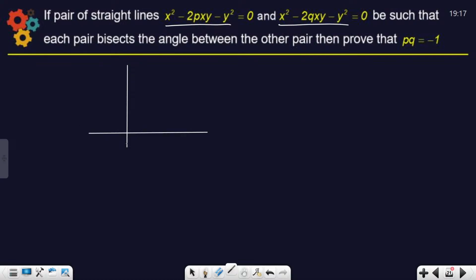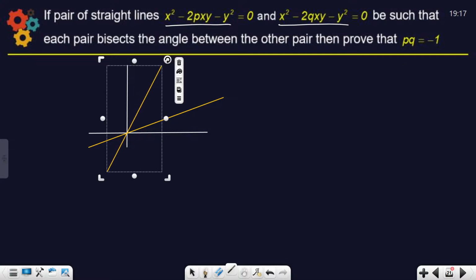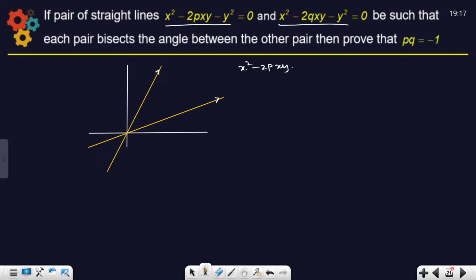Now there are two straight lines, let me draw them with some other color, yellow. These are the two lines you have. Let us say the combined equation of these two is x square minus 2pxy minus y square is 0.